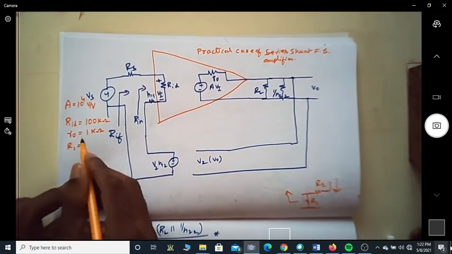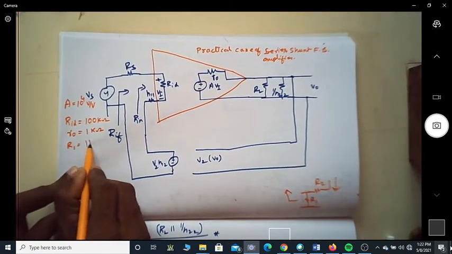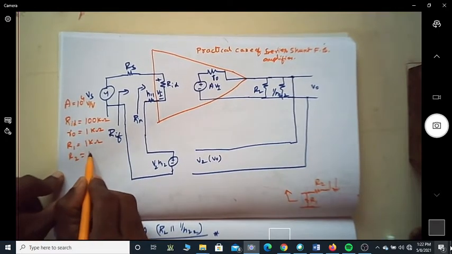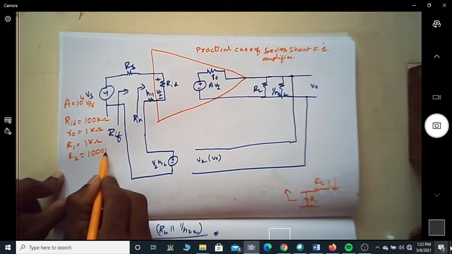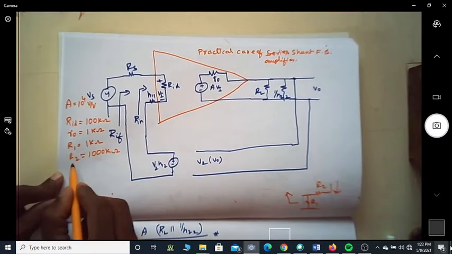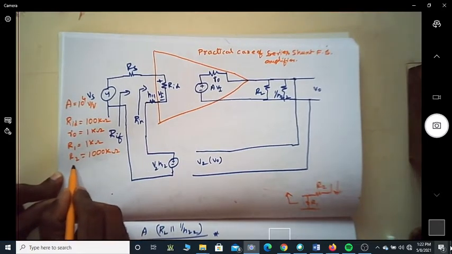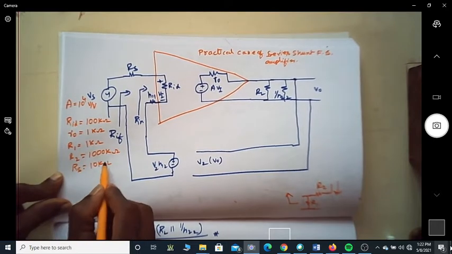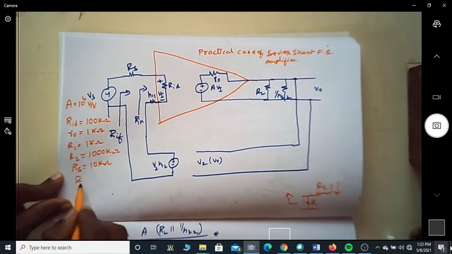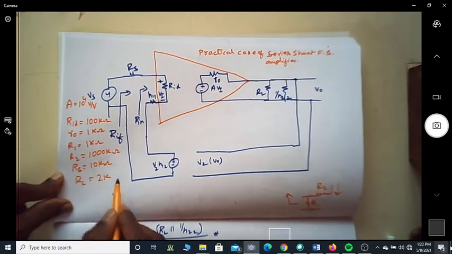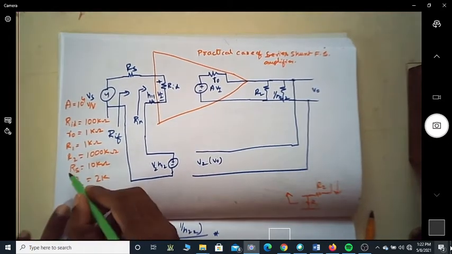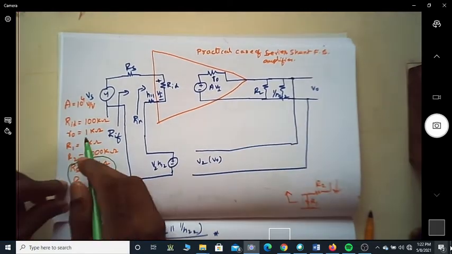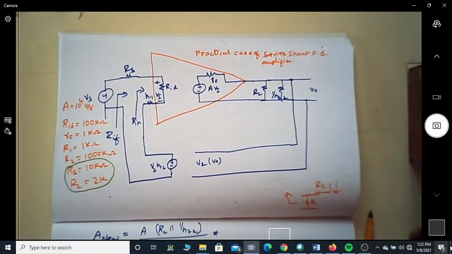R1 is assumed to be 1 kilo ohm, and R2 happens to be 1000 kilo ohm, which corresponds to 1 mega ohm. Then we have the source resistance, let it be 10 kilo ohm, and let us assume a load resistance of 2 kilo ohm. So these are the two non-idealities of the source and the load. Of course, R1 and R2 are going to have a loading effect.